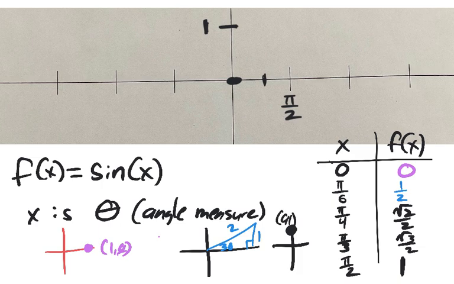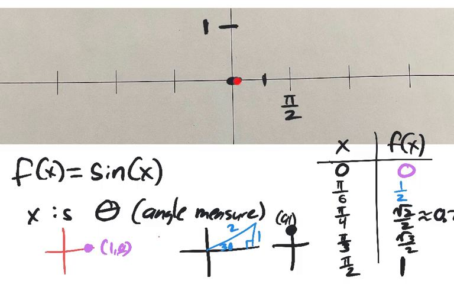What is radical 2 over 2? Like, what number is that? You can use your calculator. Radical 2 over 2 is 0.707. So it's about 0.71.